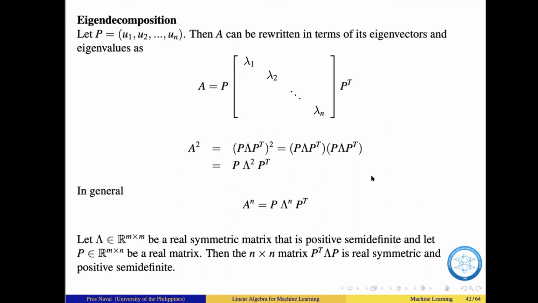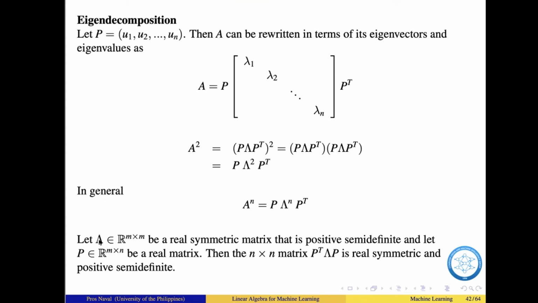So if you have a matrix and you want to raise it to the nth power, then you just raise all these quantities to the nth power, and that's it. You already have an answer right away. So you don't have to actually multiply the matrix by itself many, many times.